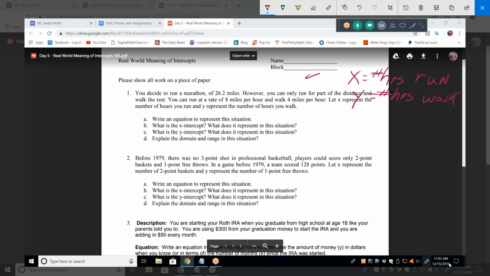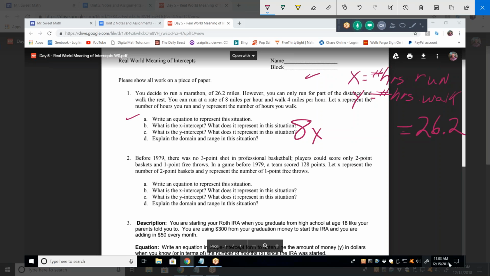Can you give me an equation that will state everything? In other words, let's do A. First of all, something has to be equal to 26.2, right? Yeah. That's the length of the marathon. Would it be like 8x plus y?